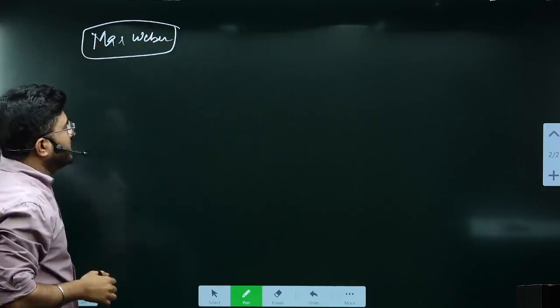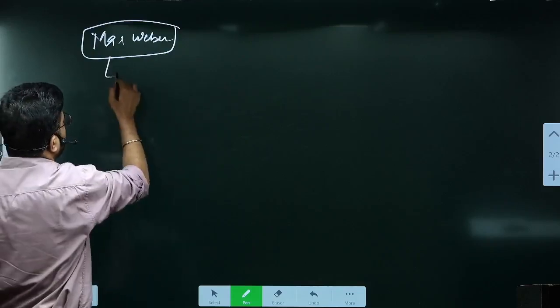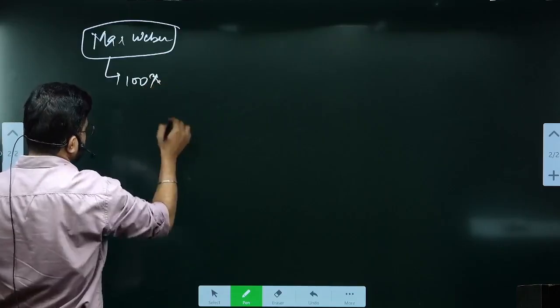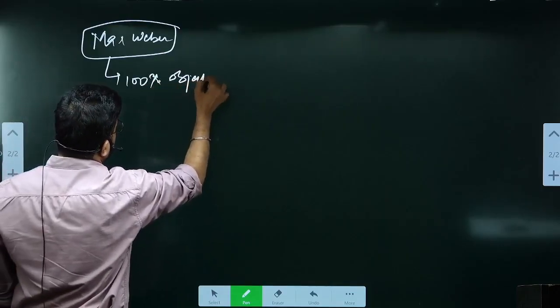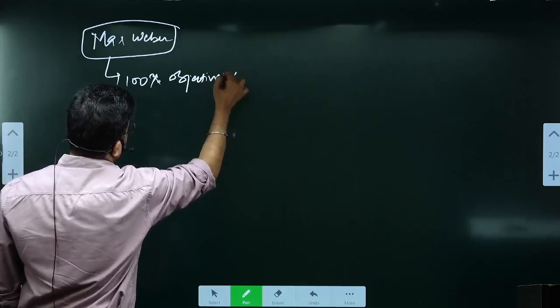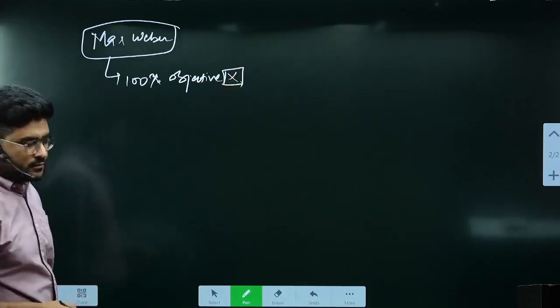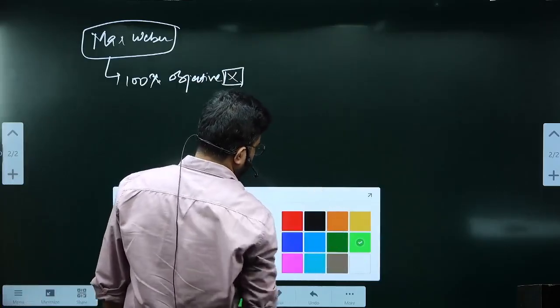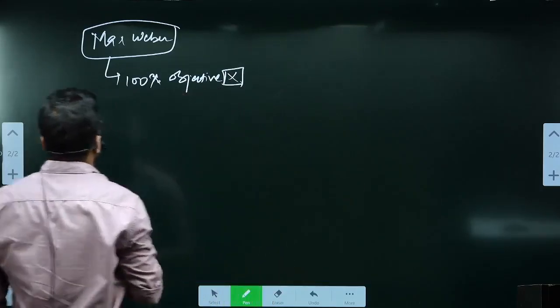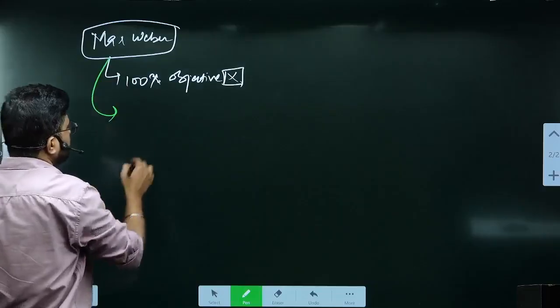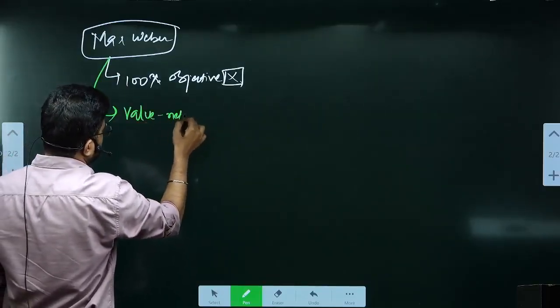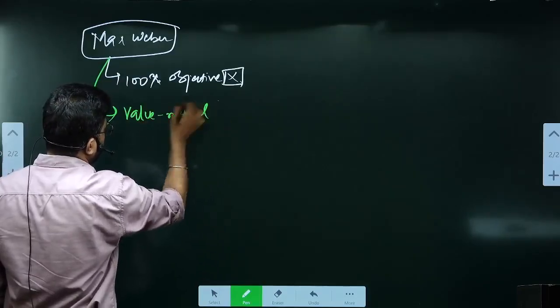Max Weber says that we cannot be 100% objective in our sociological research methodology. But we can be value neutral.